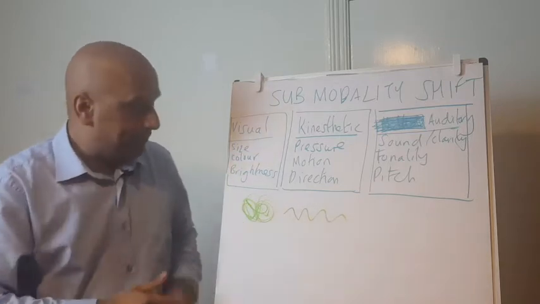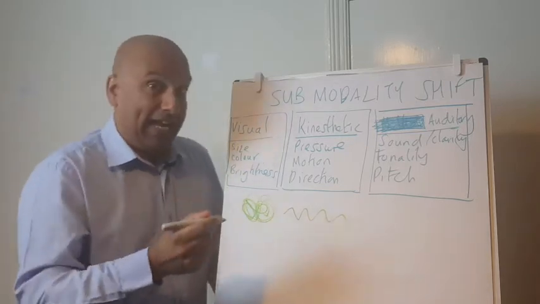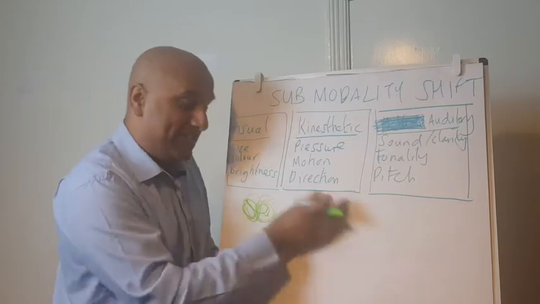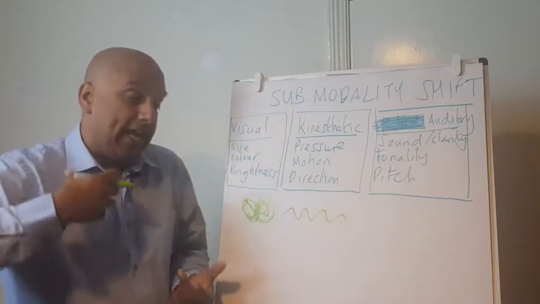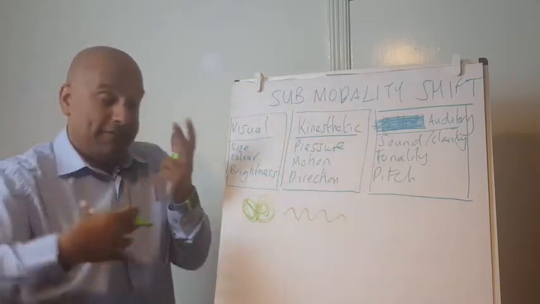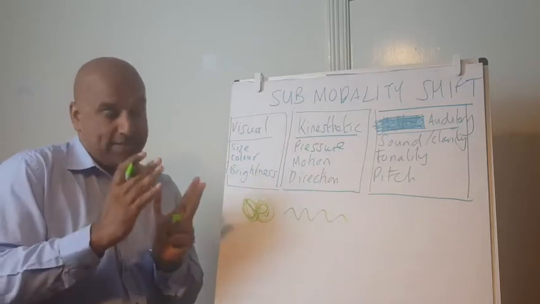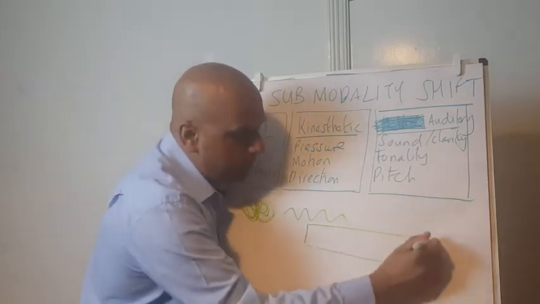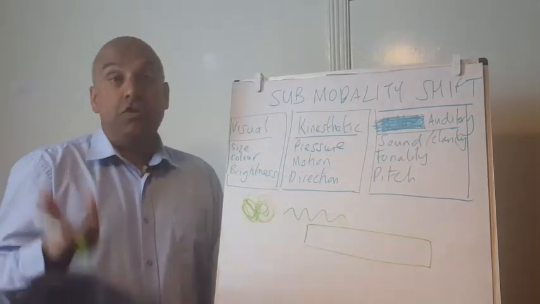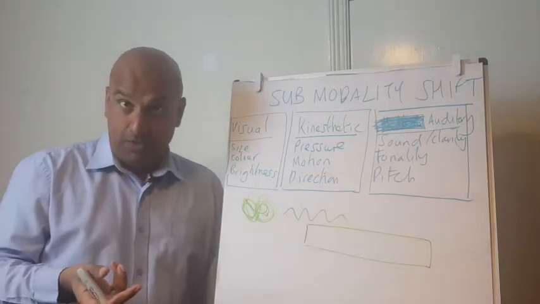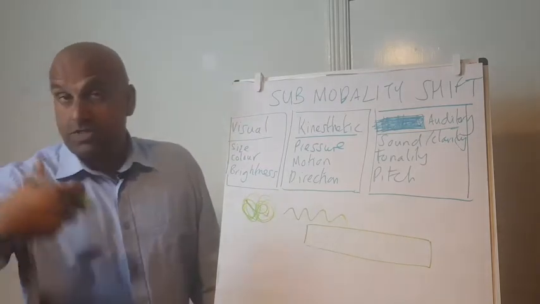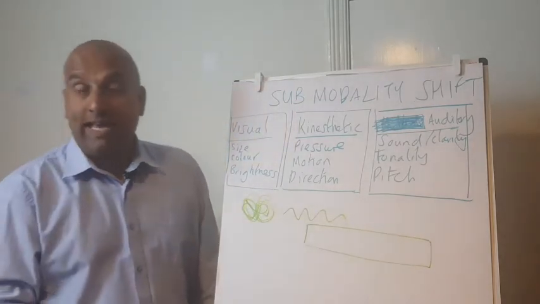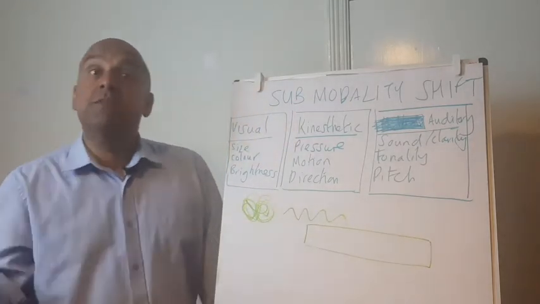Now, what you need to do next is, as you've got this image or this feeling going around yourself internally, because you're in that frame of mind, imagine you're now in a studio, a recording studio, okay? A recording studio, which is normally used to create songs and produce music, for example.